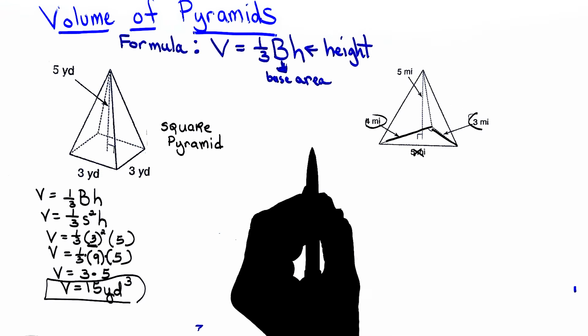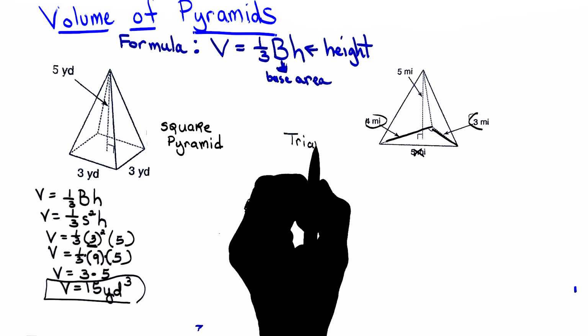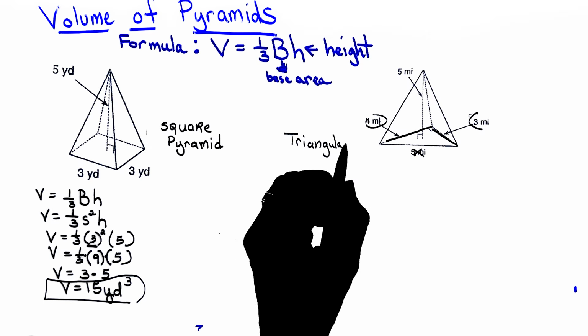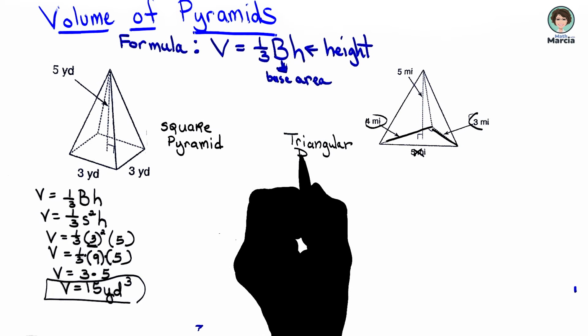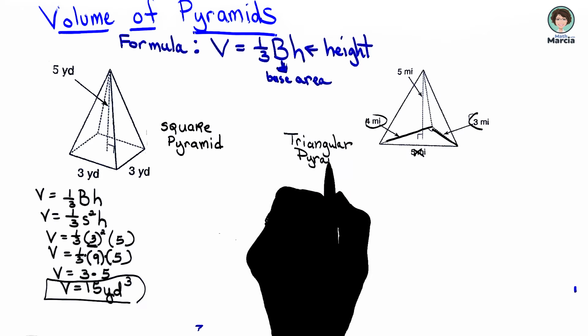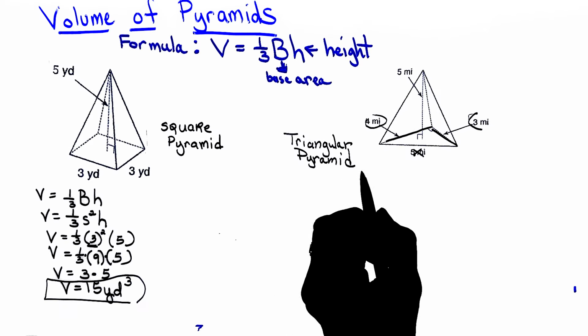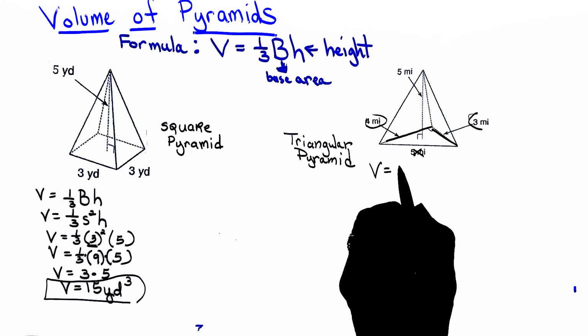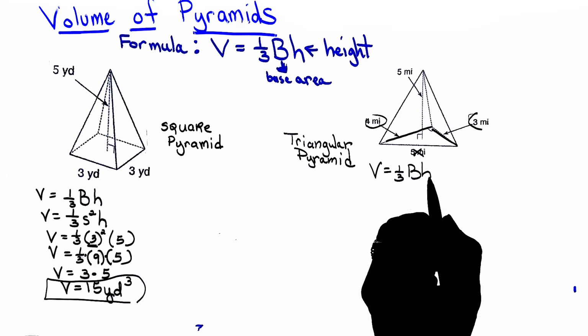So again, this is a, let me name it, triangular pyramid. So that's telling me about that area formula. Okay, so I'm going to start off with my volume is equal to 1/3, my capital B, which stands for base area, times the height.